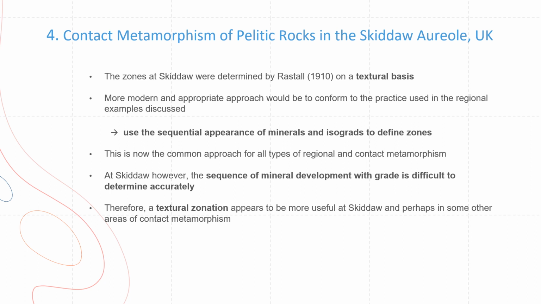A more modern and appropriate approach would be to conform to the practice used in regional examples discussed previously, which is to use the sequential appearance of minerals and isograds to define these zones, like we've done with the Barrovian sequence and the Buchan type sequences, because this is the common approach for all types of regional and contact metamorphism. But with Skiddaw, however, the sequence of mineral development with grade is pretty difficult to determine accurately.